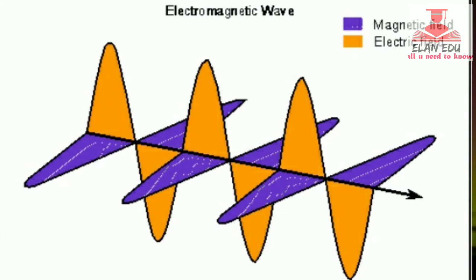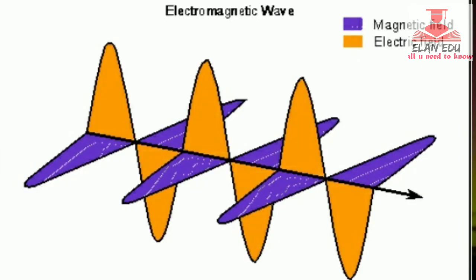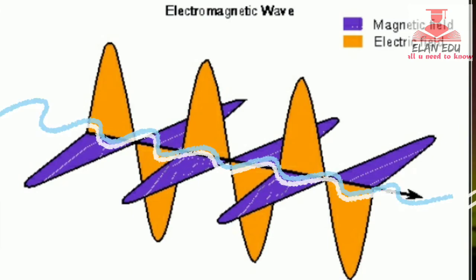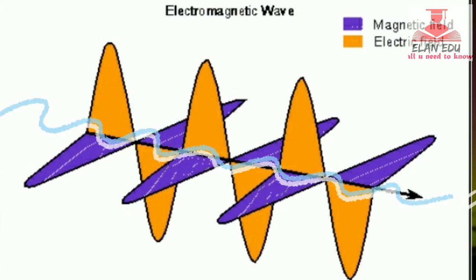The blue color indicates the magnetic field and the yellow color indicates the electric field. It is evident that electromagnetic waves move at the speed of light, which was discovered by Maxwell. If the waves traveled at a speed lesser than the speed of light, they would go to zero at the destination time.